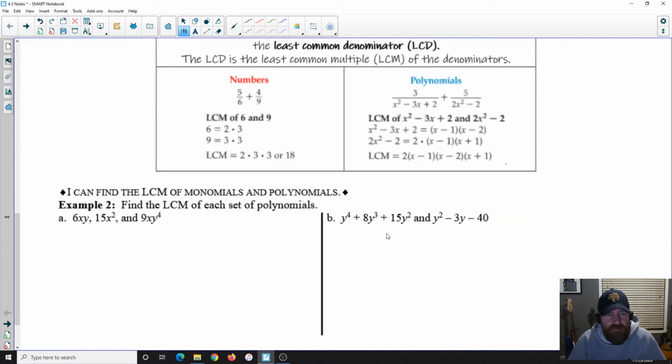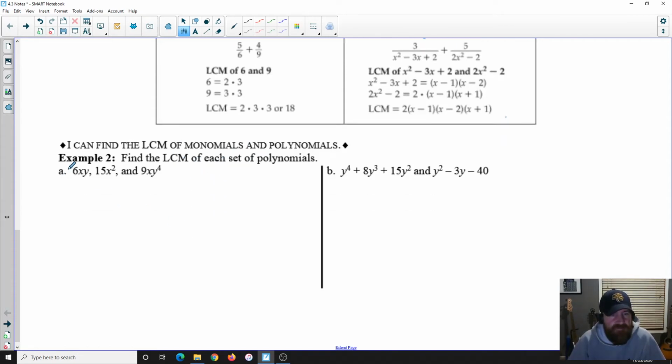So now let's look at least common multiple or least common denominator. So find the least common multiple of each set of polynomials. So 6xy, 15x squared, and 9xy to the 4th. So we need to figure out what the least common multiple of 6, 15, and 9 would be.